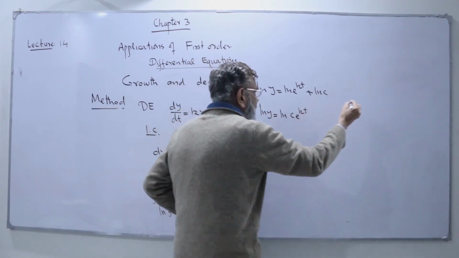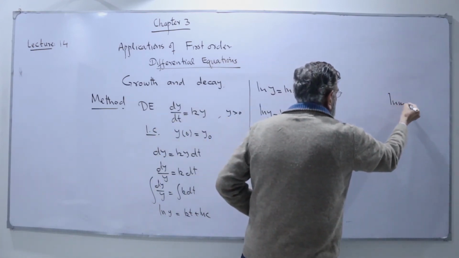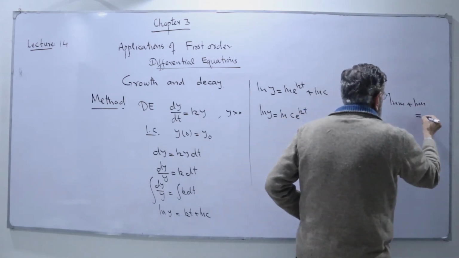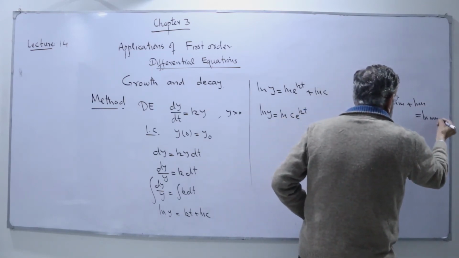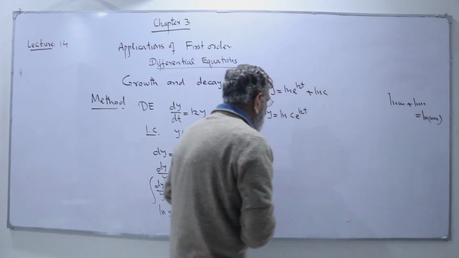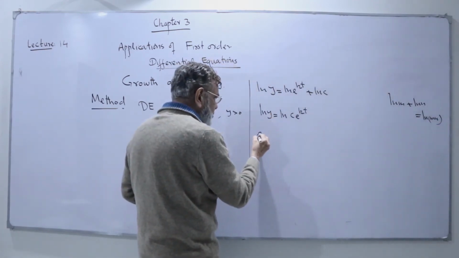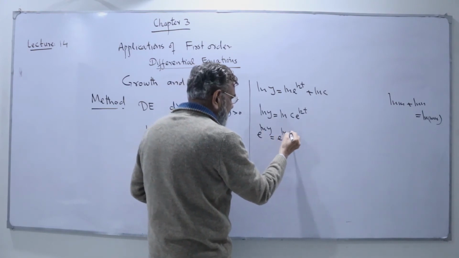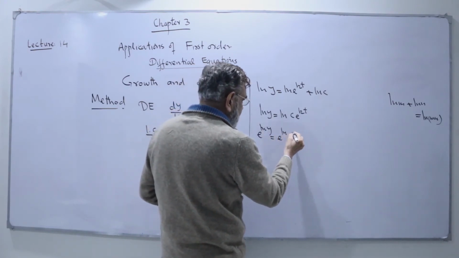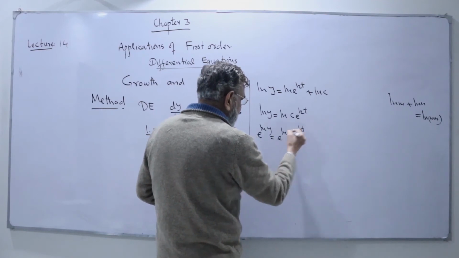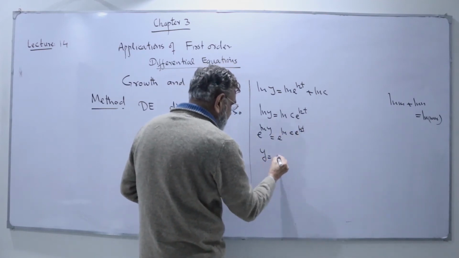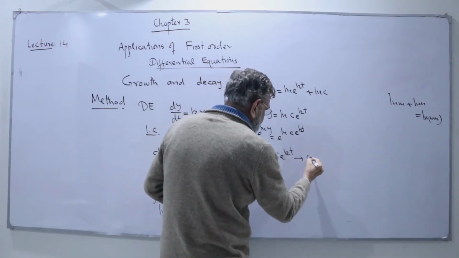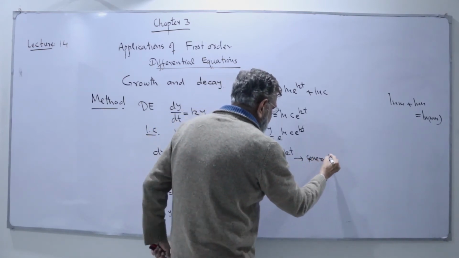I have told you before that ln of m plus ln of n is equal to ln of m times n, so we multiply them. So we take the exponential of both sides: e to the power ln of y is equal to e to the power ln of c e to the power kt. ln and e cancel, and we get y is equal to c e to the power kt. That's my general solution.